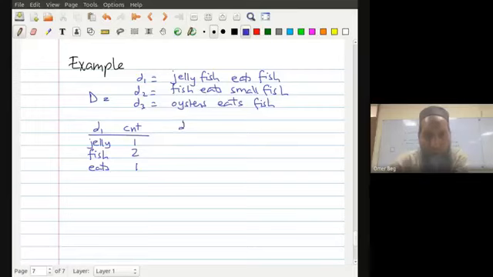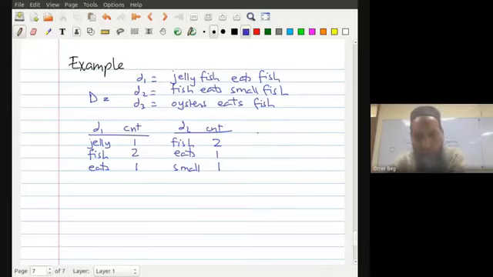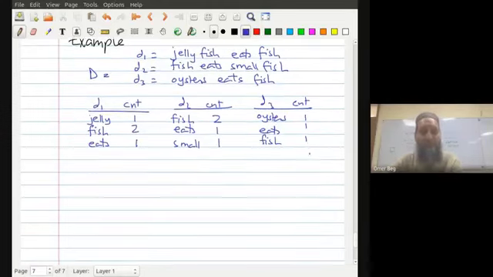Similarly, in document 2, the counts are for fish, eats, and small: fish appears twice, eats appears once, small appears once. Same thing with document 3: oysters eats fish, so they appear one time.